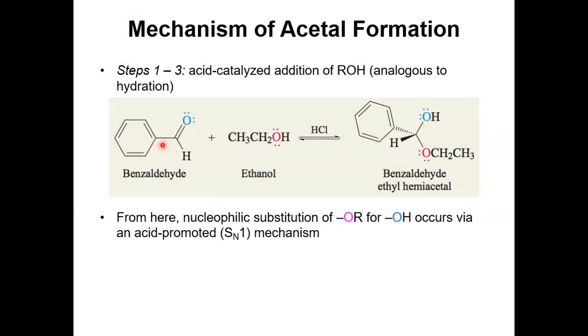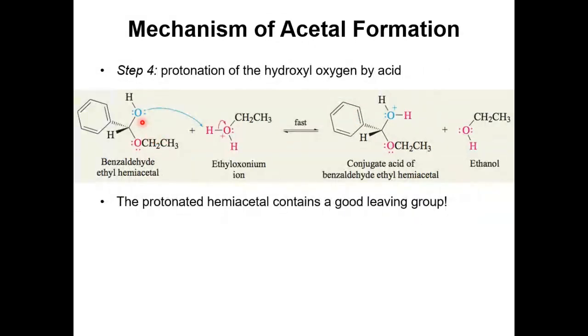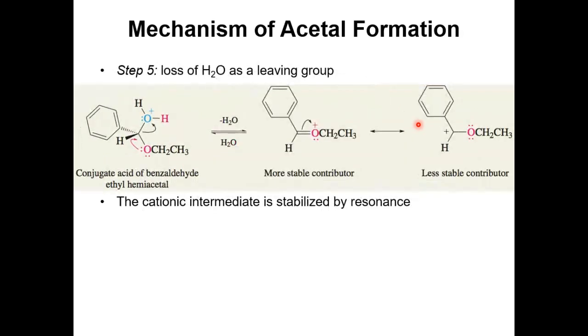So it's not productive, and we don't need to consider that. We look at the top oxygen being protonated. This is a fast bimolecular process because it involves a strong acid, just a fast acid-base reaction.